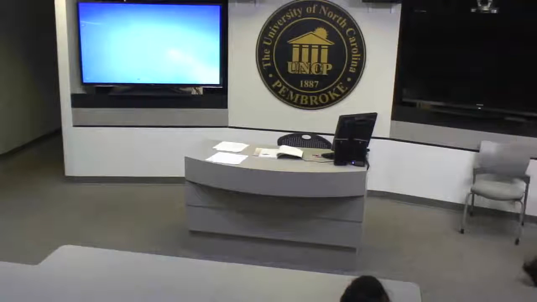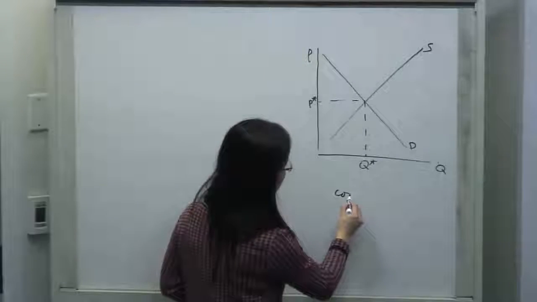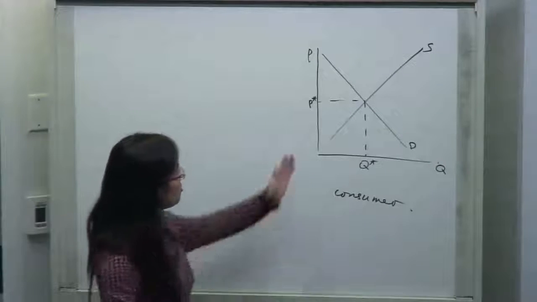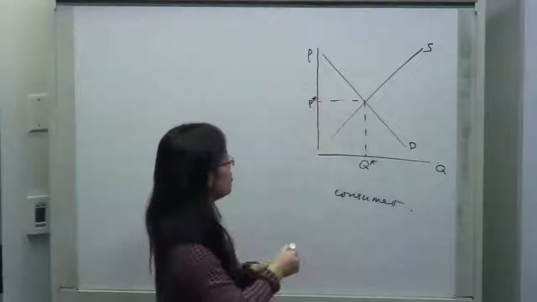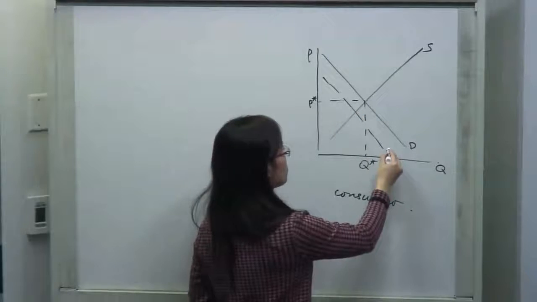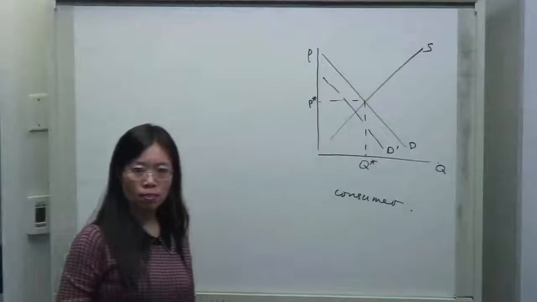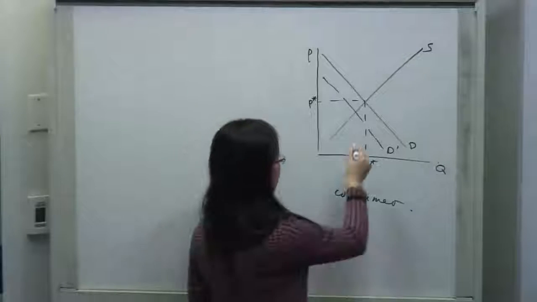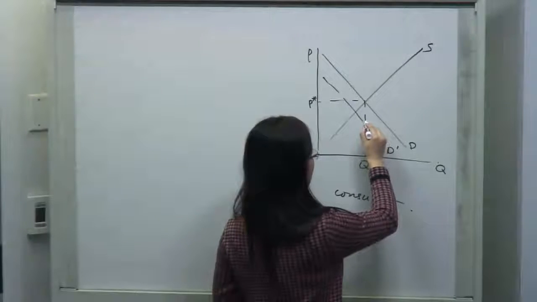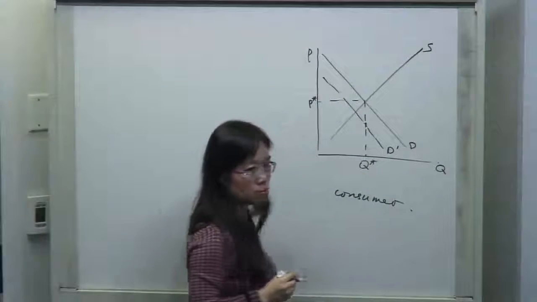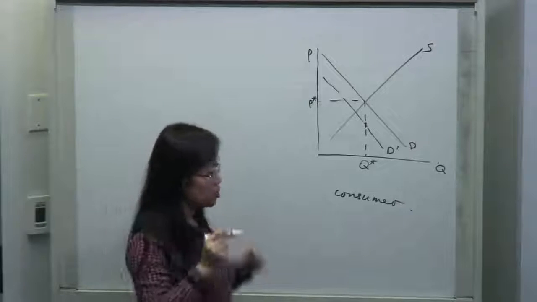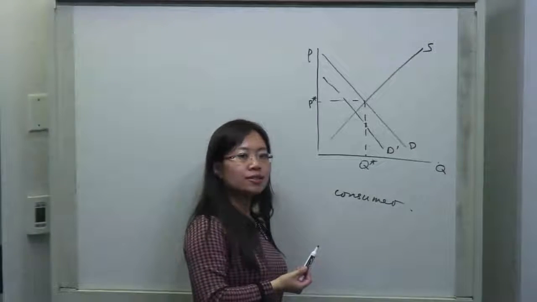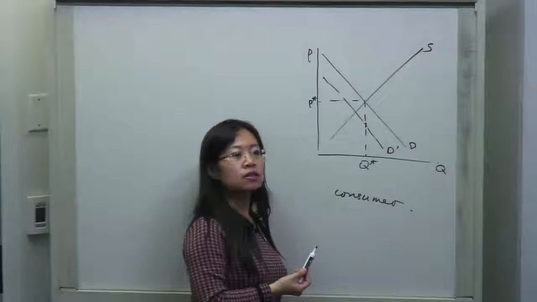Alright, so remember this is on the consumer. So if it's on the consumer, we know the demand is going to shift this way. Okay? So in the exam, everything I say here, you should write it down, because if you don't do it exactly the way it is, you're going to lose the point. You have to mark where this $1.50 is.